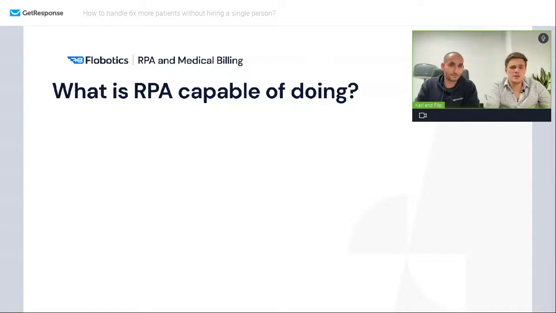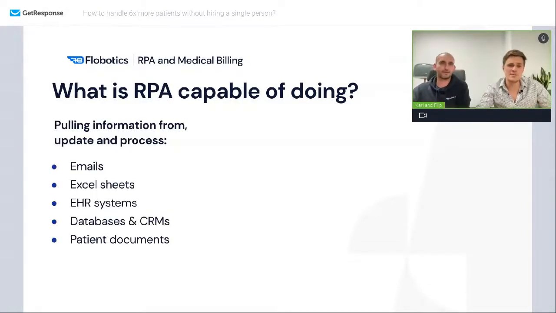All right, so let's talk about what RPA is capable of doing. I think you should explain this in layman's terms. You're the non-technical guy. Maybe you can tell us what RPA is capable of doing. All right, so let's see. It seems like RPA and the robots we write are very good at pulling information from emails, Excel sheets, EHR systems, databases, and CRMs.